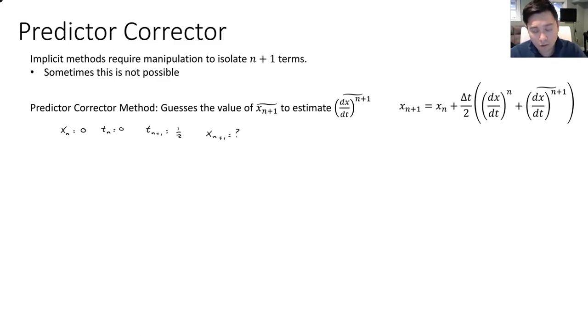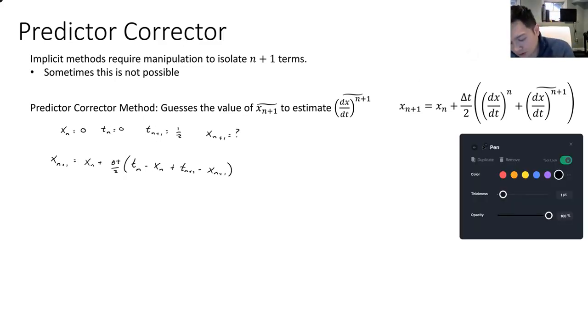And if we did know that value, then we could use our base equation, which was x of n plus 1 equals x of n plus delta t by 2 times (tn minus xn plus tn plus 1 minus xn plus 1). So that was our base equation. And well, if we knew x of n plus 1, then what are we even doing this for? We would then know the left-hand side.